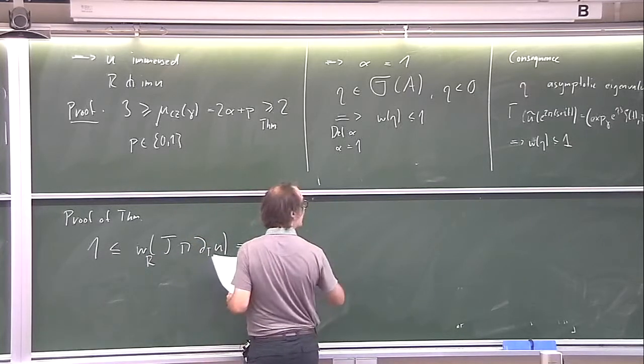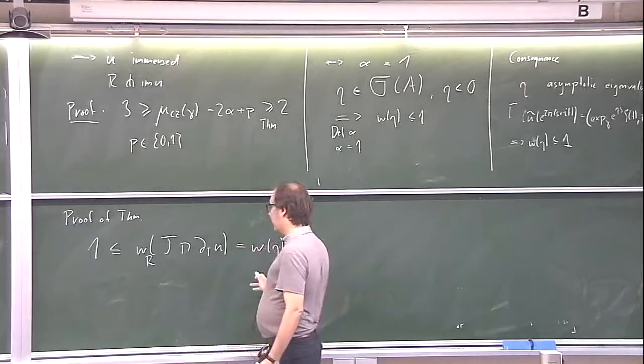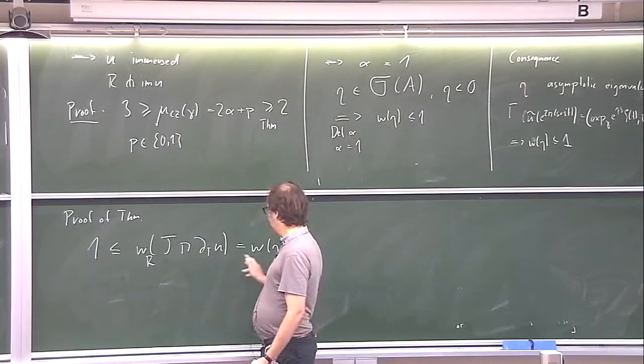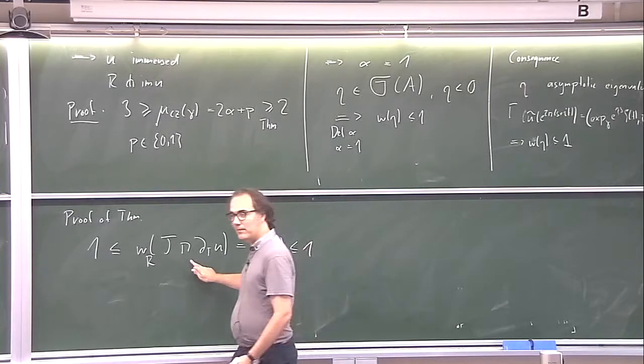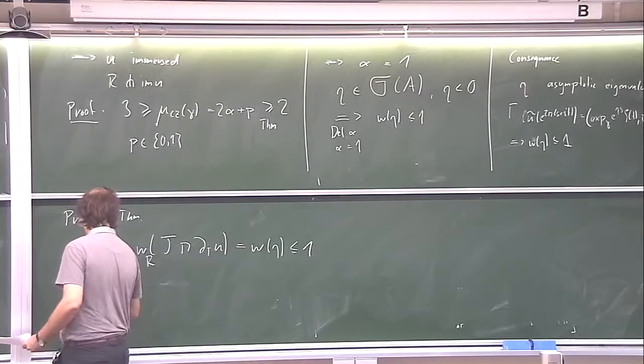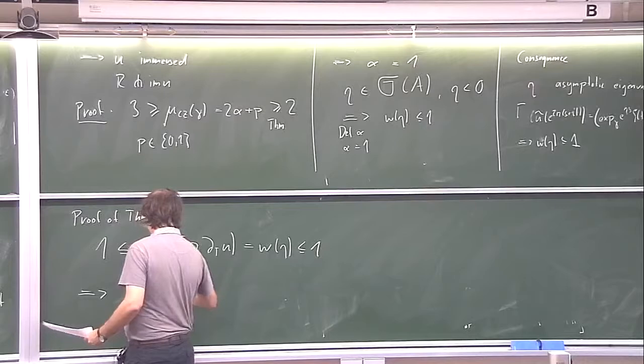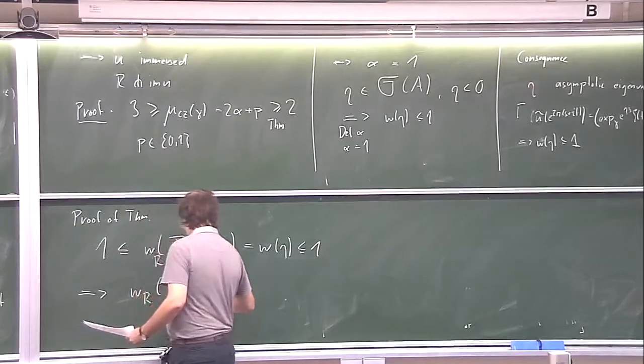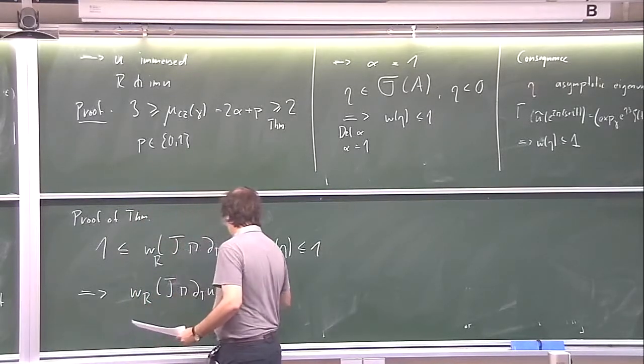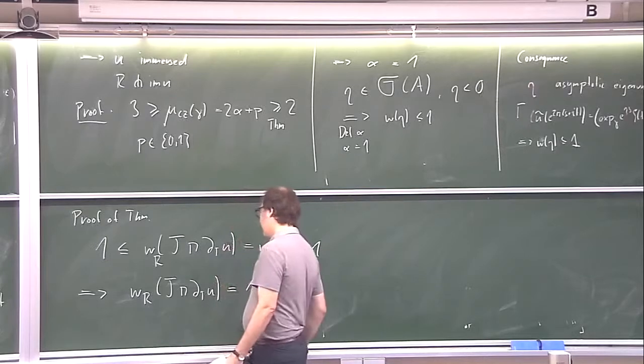This is less than or equal to 1. So we conclude that it has to be 1. So it follows that WR tau pi dRu is 1.